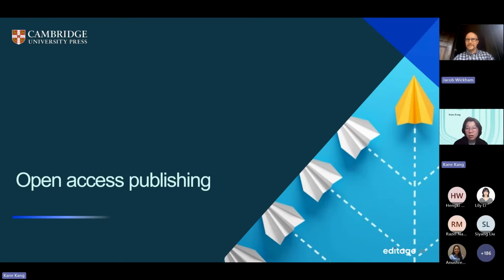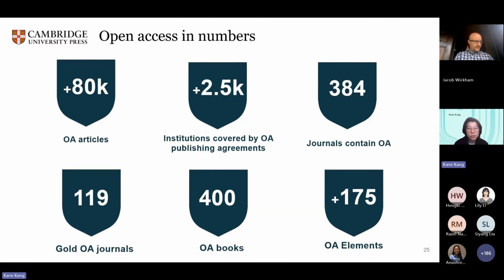So I will talk about open access. This is an overview of open access in numbers. At Cambridge University Press, we have published more than 80,000 OA articles, and we have institutions covered by OA agreements, with more than 2,000 institutions.